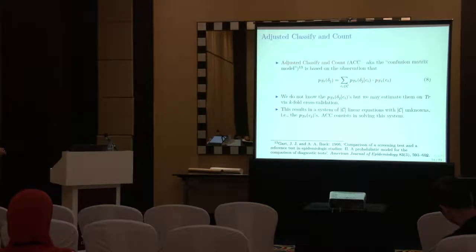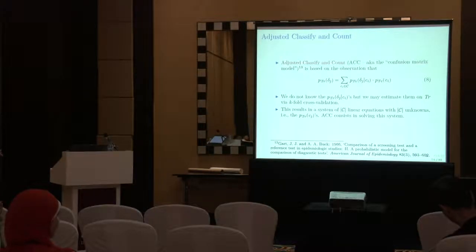So we take all of the documents whose true class is CI and multiply by the probability that the label is misassigned: instead of assigning the true class CI, we assign class CJ instead. So this is a matter of fact.